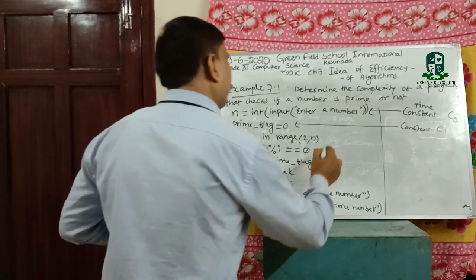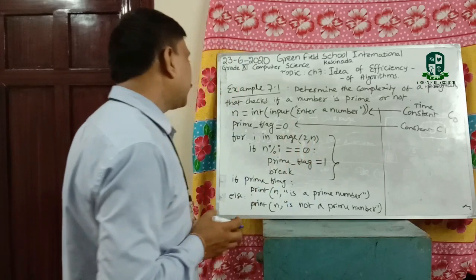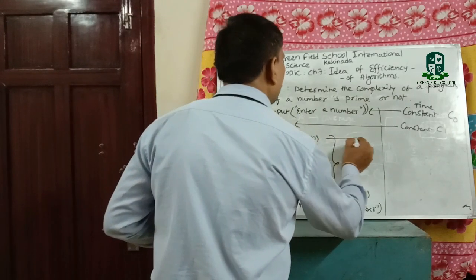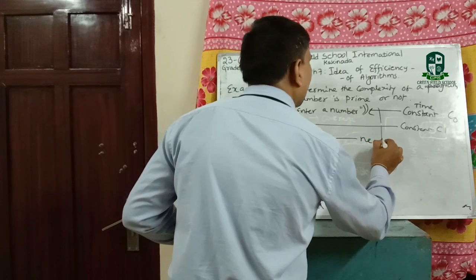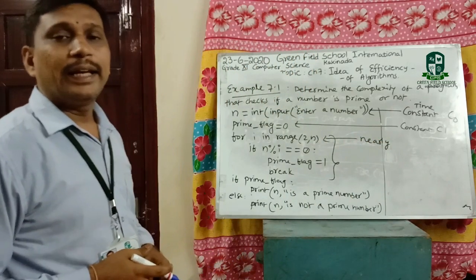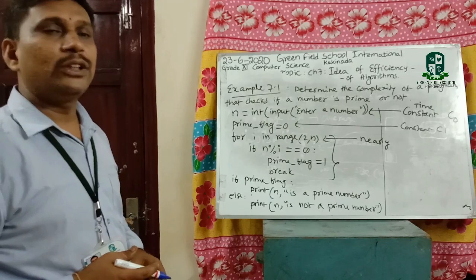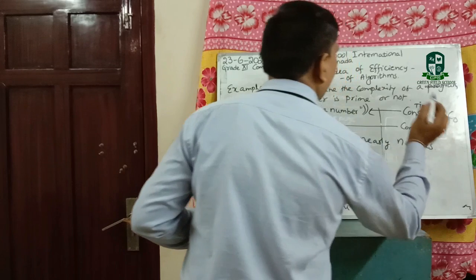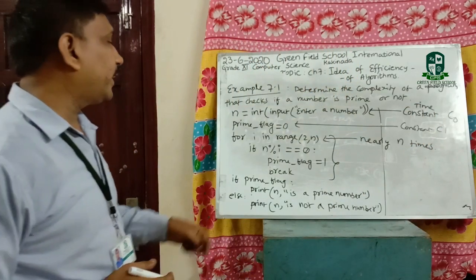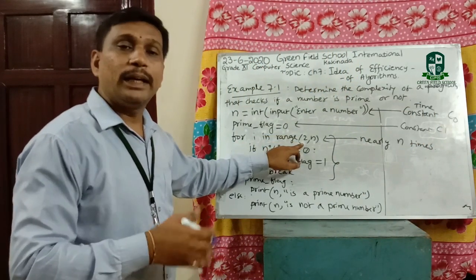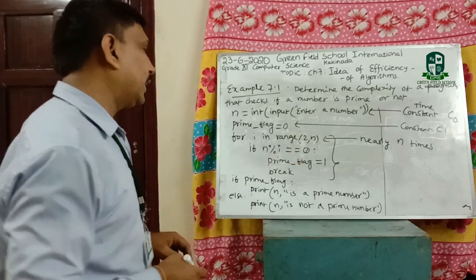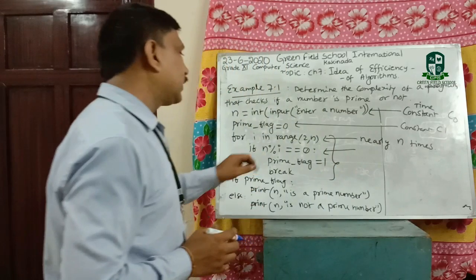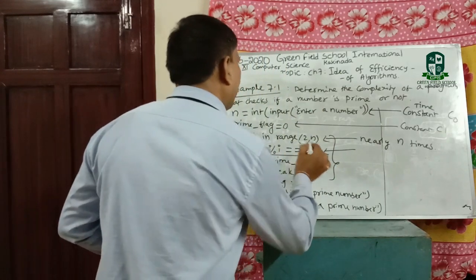This one is the for loop. This for loop executes nearly n times. That's why the for loop completes nearly n rotations. Here this one is an if statement. This if statement has some condition.